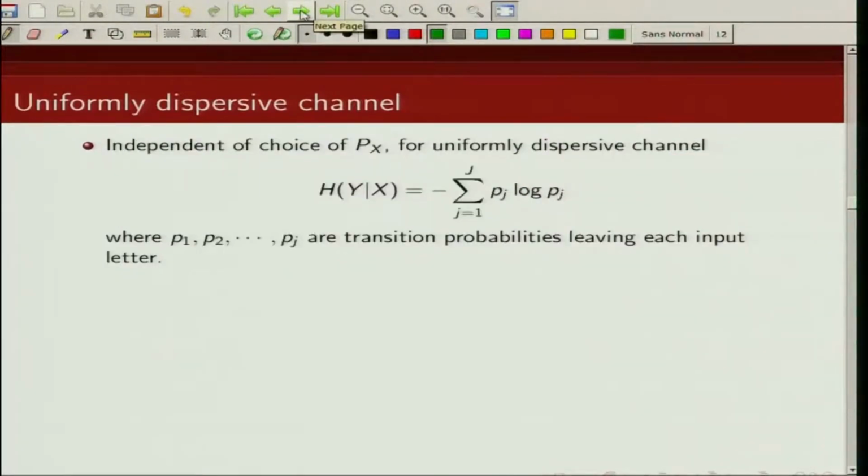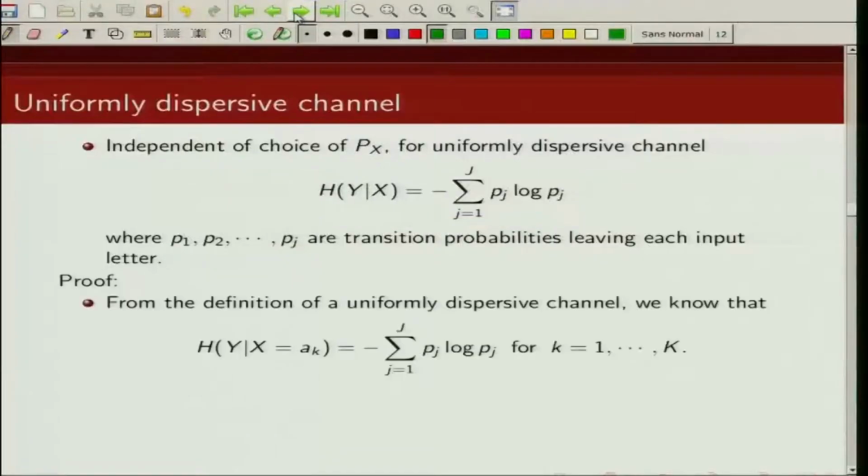Now for a uniformly dispersive channel, independent of the choice of input distribution, we can write the uncertainty in y given x as summation of minus pj log pj, where these pj's are transition probabilities leaving each input letter. So let us prove this property.